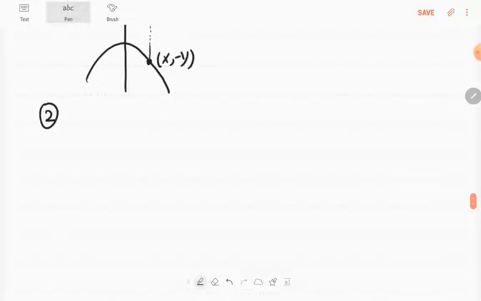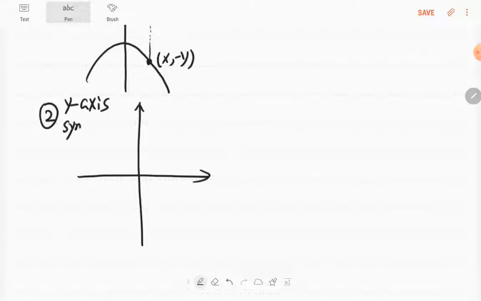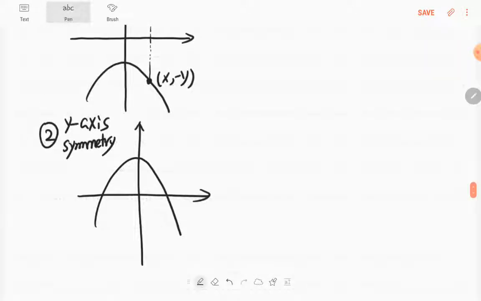The second symmetry is the y-axis symmetry. The y-axis symmetry means if you fold the graph along the y-axis, the curve will coincide. So mathematically, it means if you have a point (x, y) and you fold it, this point is still on the graph.